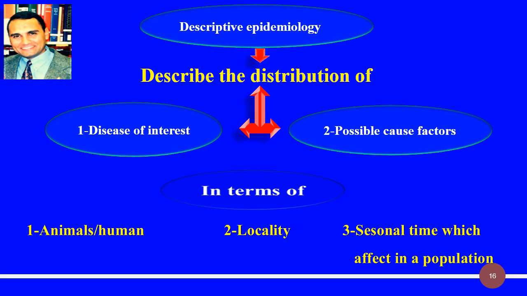Descriptive epidemiology usually describes the what, who, where, when, and why and how of a situation, whether it be a space shuttle launch, a house fire, or a farm infection.